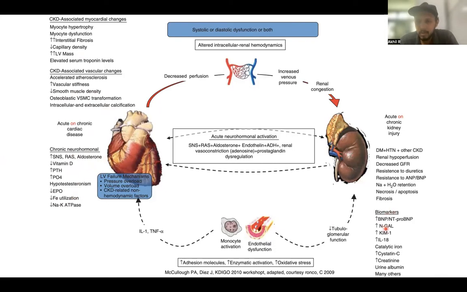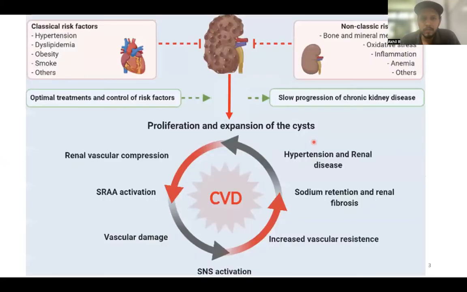And these biomarkers, including an increase in creatinine, urine albumin, and cationic ion concentrations, will also be significantly elevated in case of these two systemic diseases. How the correlation is more pronounced can be observed by seeing its risk factors, which can be broadly grouped into two: a classical risk factor group and a non-classical risk factor group.